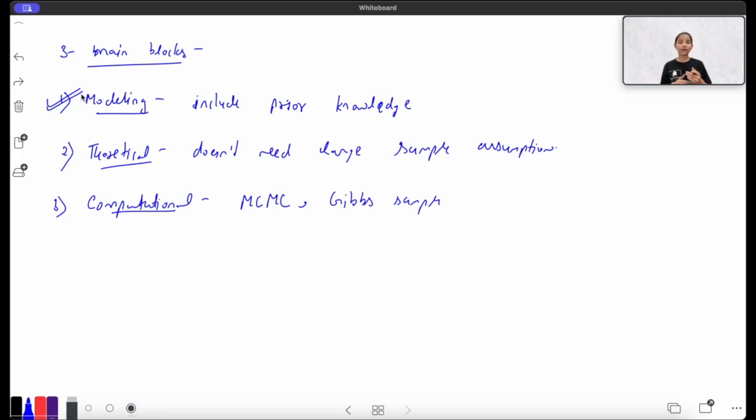There is no requirement of a large sample in the Bayesian approach, but when you have a large sample, both approaches, whether you apply Bayesian or frequentist, arrive at similar results. So there is no problem. For large samples, they both give you the same results.